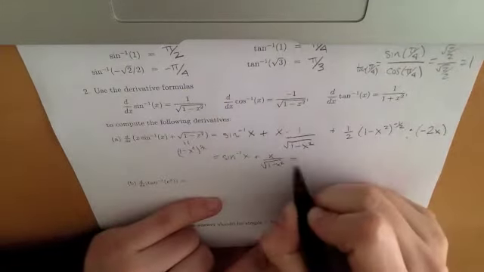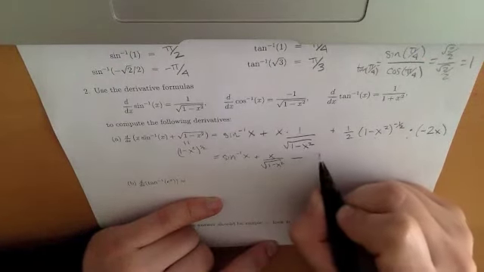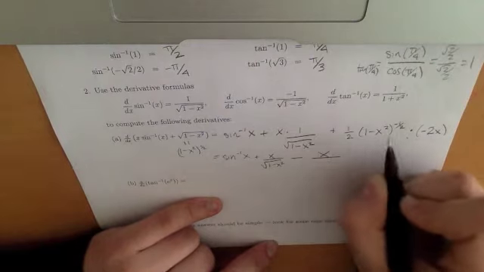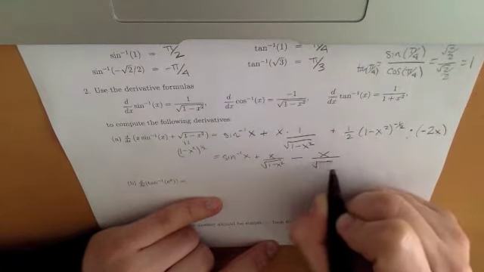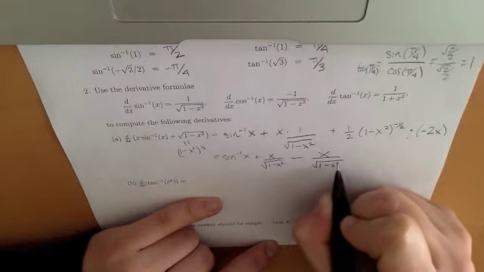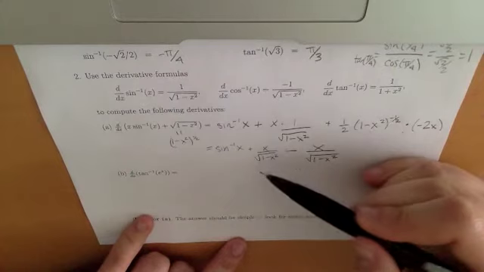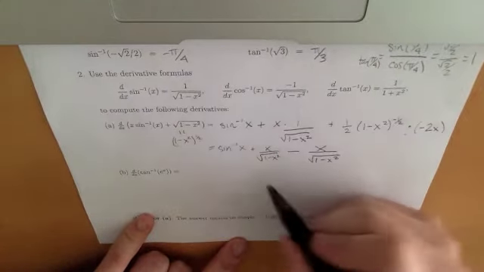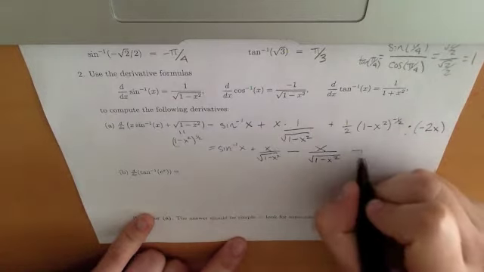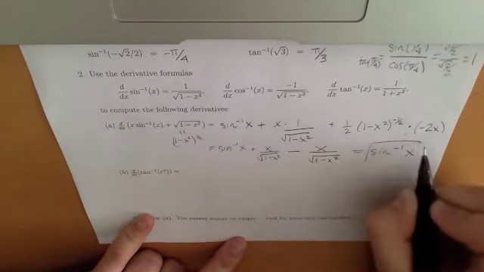So I have a minus, the 2's cancel, and I get x over, notice this minus 1/2 is going to be a square root in the bottom of 1 minus x squared. Now you'll see I have a positive x over the square root of 1 minus x squared minus x over the square root of 1 minus x squared. So those are going to just go away. And all this ends up just being sine inverse of x.